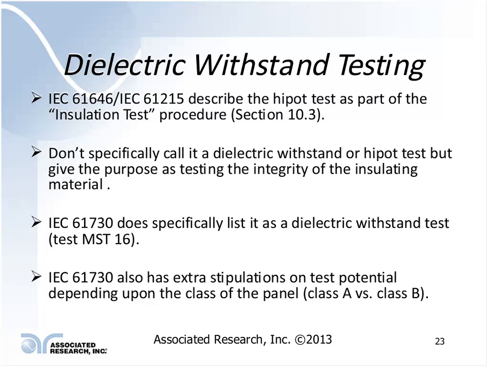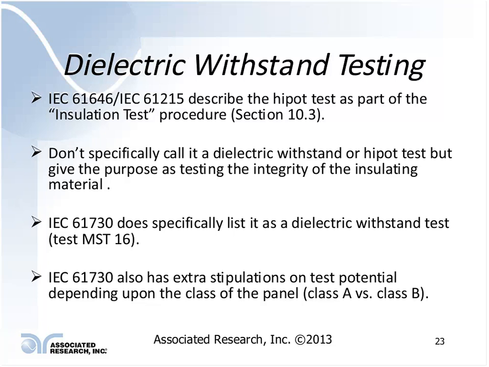Where it differs is that in the 61730 standard, they say the maximum test voltage shall be equal to 2,000 volts plus 4 times maximum system voltage for application class A, and 1,000 plus 2 times maximum system voltage for class B. So you can actually get a bit of a higher test voltage here. And I believe if you have a 1,000-volt module, and it's a class A one, you have to test it at 6,000 volts DC.